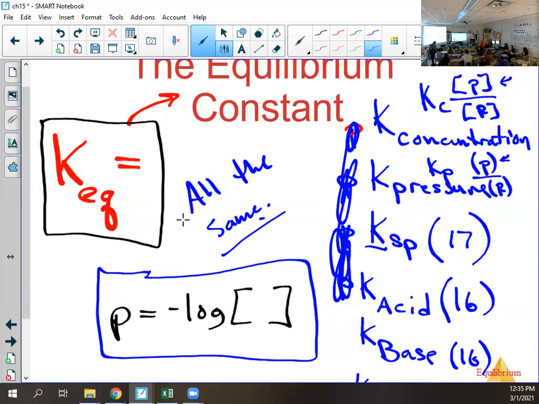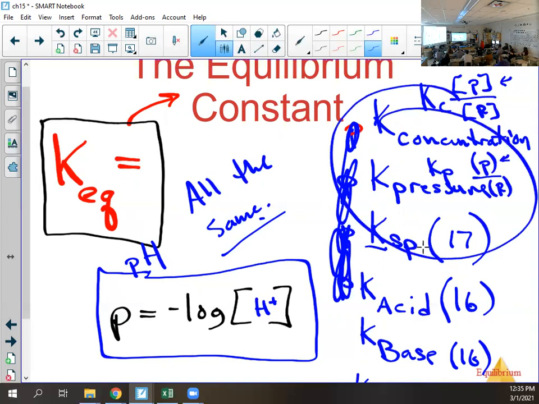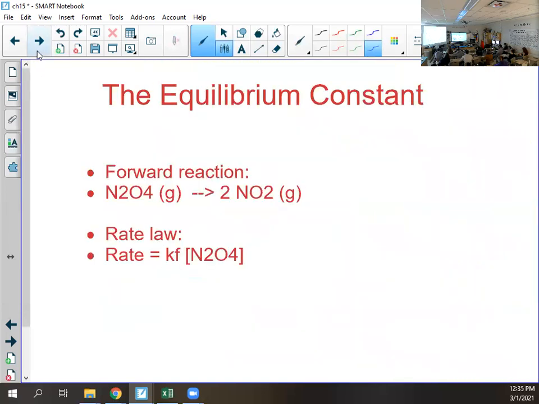P just means we take the negative log. So you've heard of pH. That tells me how acidic something is. P means the negative log. H means H plus goes right here. That's not necessary right now, but just in case you wonder. Okay, these two are on chapter 15. These are on chapter 16. They're not that bad, I promise.